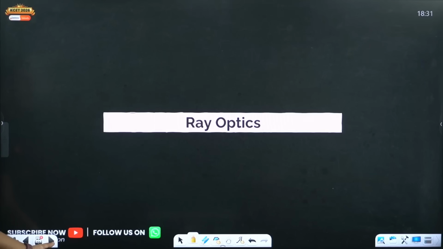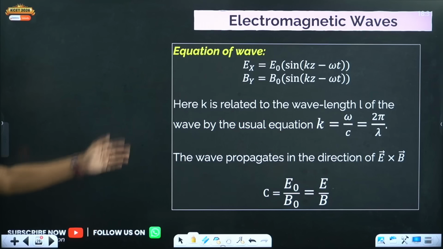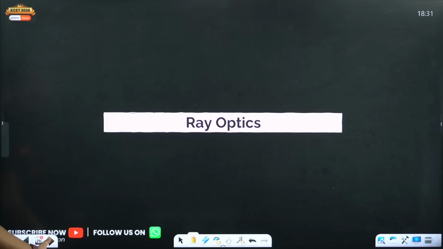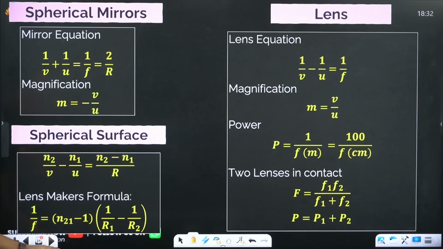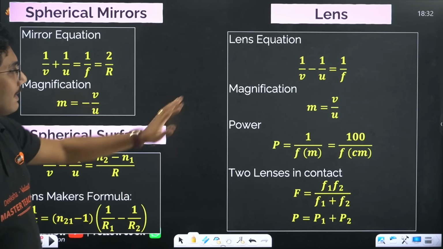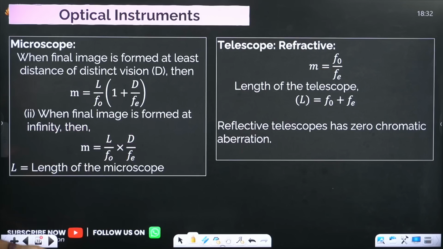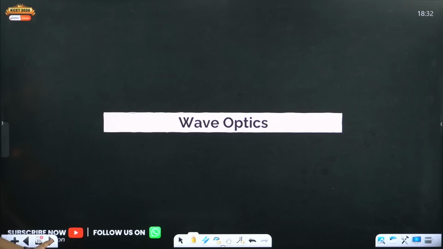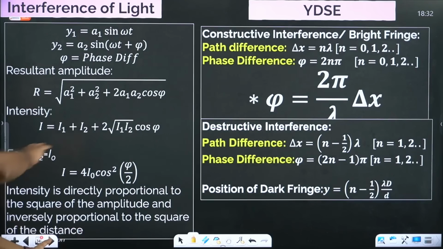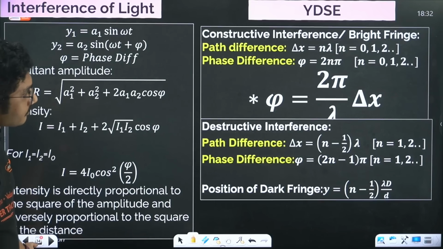EM waves, equation of wave, and their corresponding relations. We have ray optics, again all the formulas are listed here. You can quickly revise the different relations. Spherical mirror, spherical interface, lens equations, optical instruments, wave optics, all basic formulas are given here.